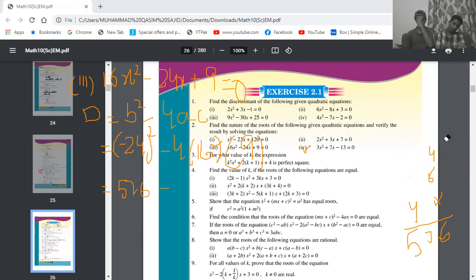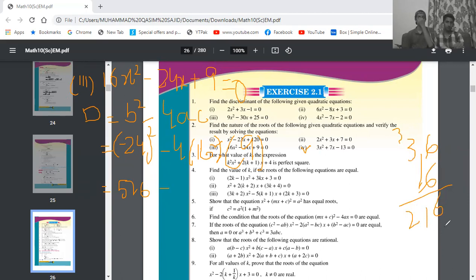This is my rough work, you have to raise it. Now this is 4 multiplied by 16 multiplied by 9. So first we multiply 4 with 9, that is 36. Then 36 multiplied by 16 equals 576.